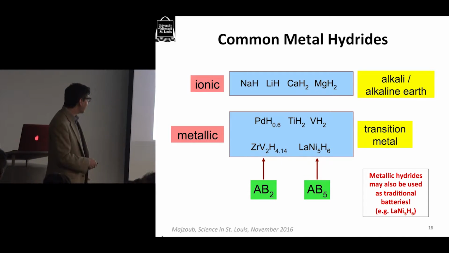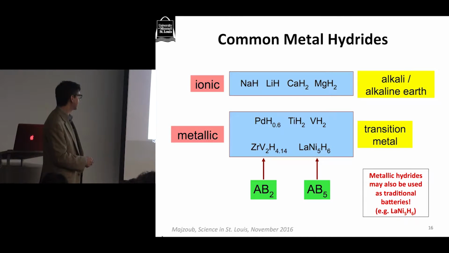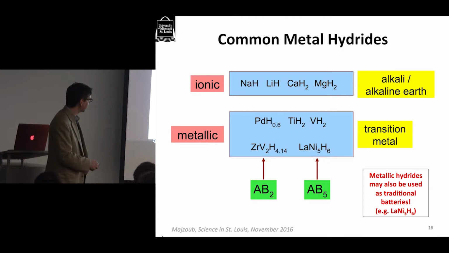Among them, 2 classes stand out as having already been commercialized for various purposes. They are called AB2 hydrides, with metals A1 and B2 of the Bs, and then there are AB5 materials like LaNi5, where lanthanum is A and nickel is B.